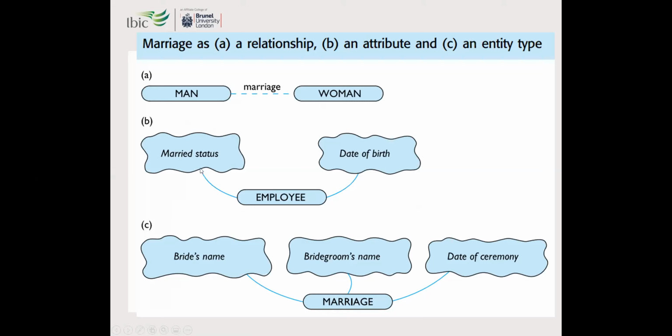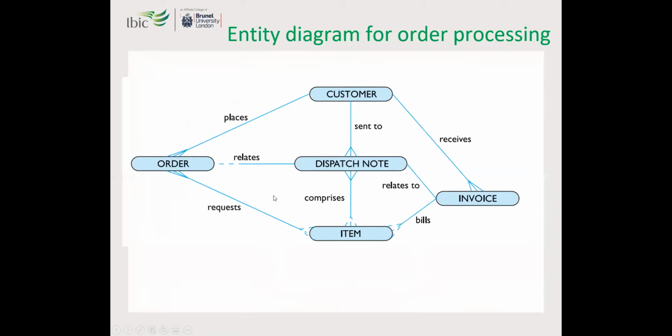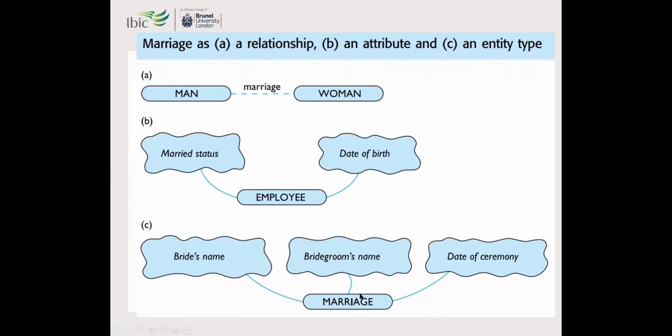We say they are related based on this because married status is going to describe something about the employee, and date of birth is giving some information about the employee. And the third one is telling you an entity type. So for the entity type, we do have marriage as an entity, and then we do have different types of the entity, so it could be bride's name, bridegroom name, or date of ceremony.